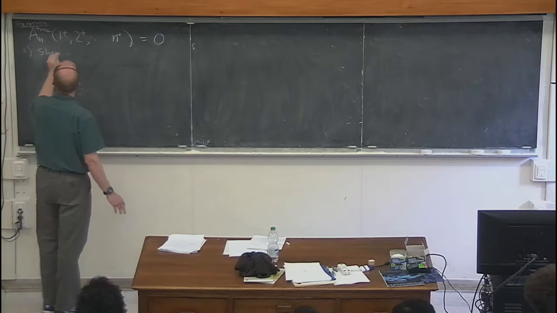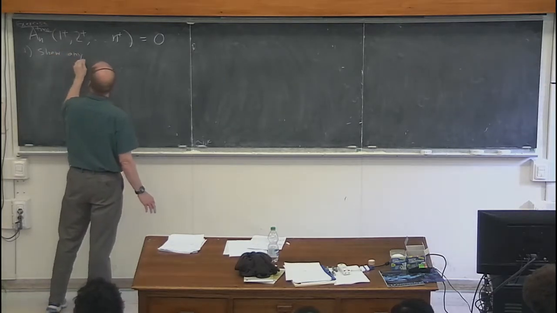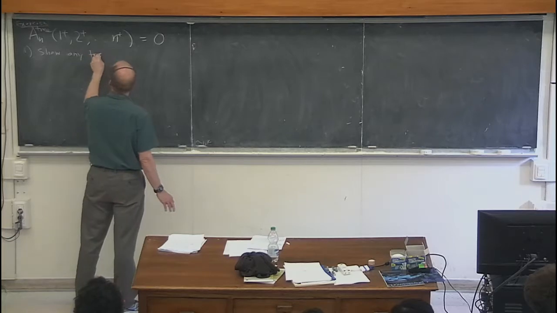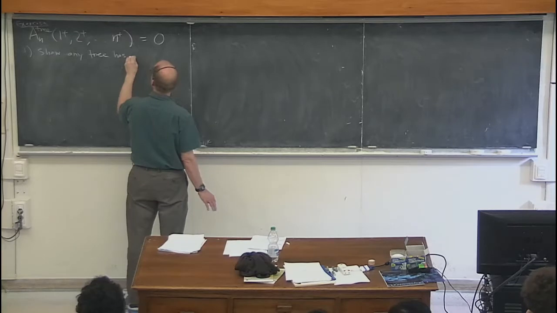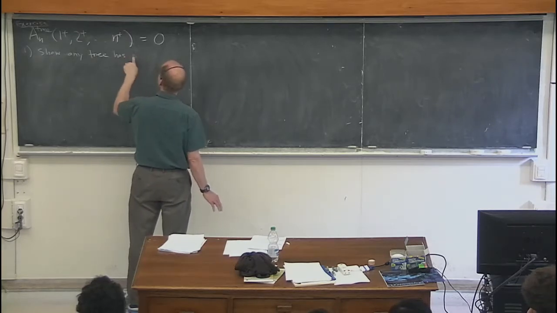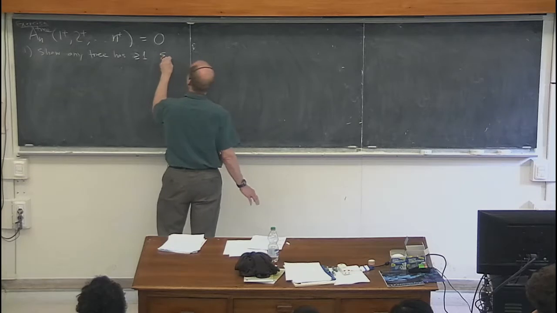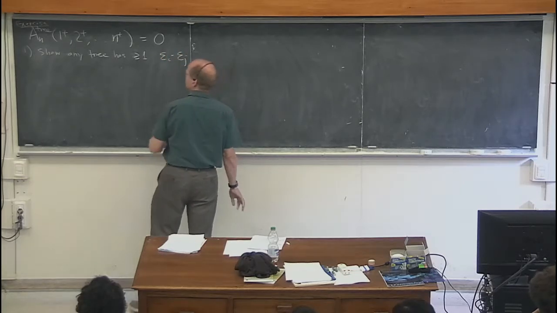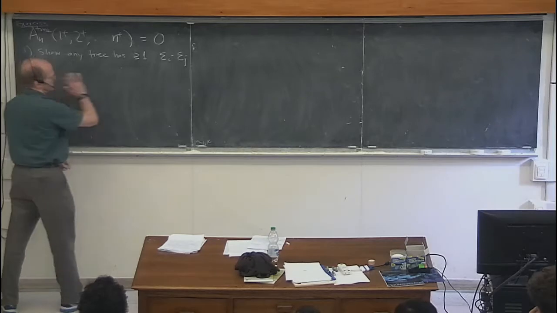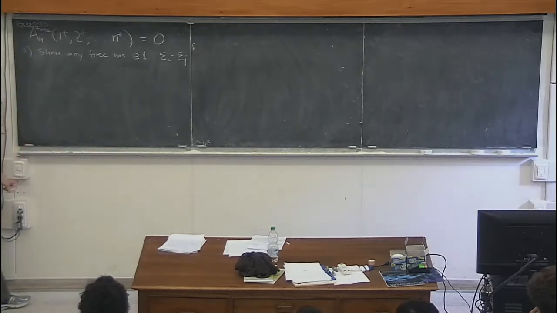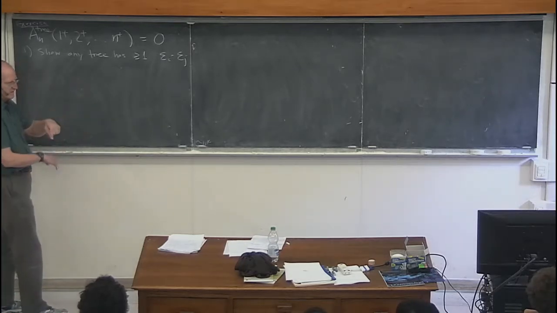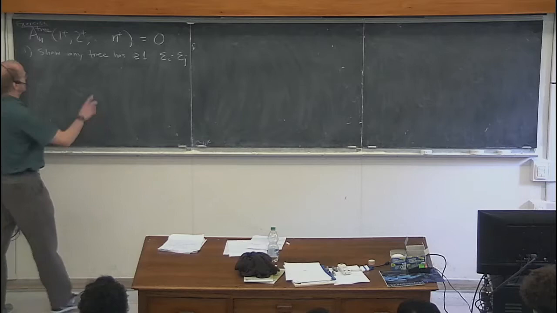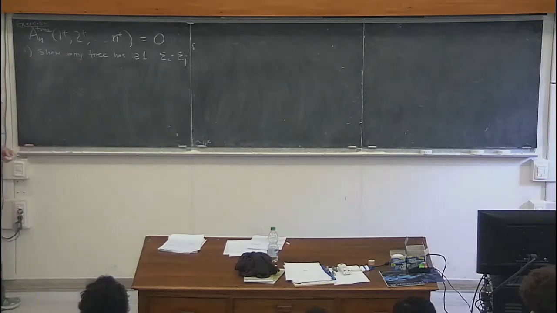To show this, first show that any tree has at least one epsilon i dot epsilon j, independent of the helicities. When you draw all the Feynman diagrams for multi-gluon interactions, by looking at the Feynman rules and at how the indices are contracted, it's not hard to show that you always have an epsilon i dot epsilon j somewhere.